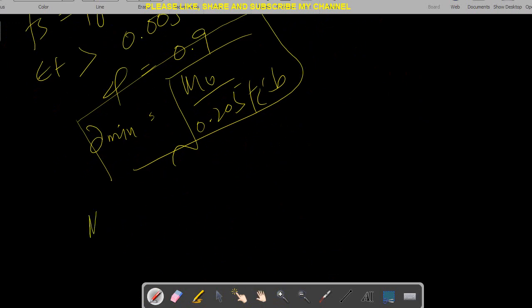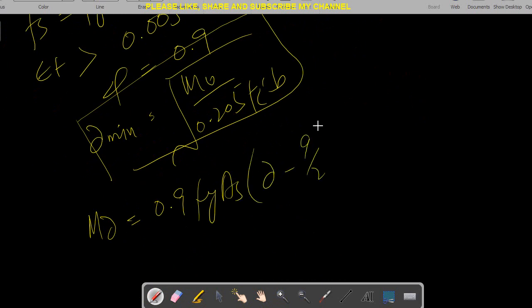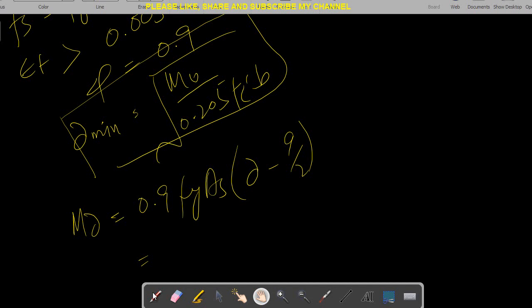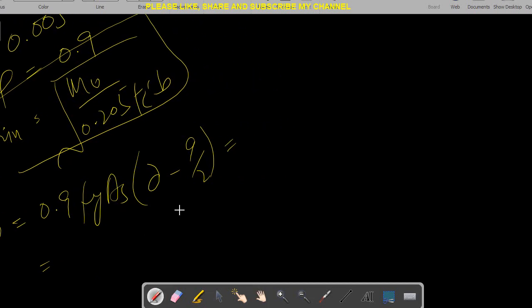Now we can find out the Md value. So Md is 0.9 times your Fy times your area of steel times (d minus a over 2). Make sure you are consistent with units. If you are plugging in the values, let me write down because this is an important point. 0.9 times Fy, which is 300 MPa.